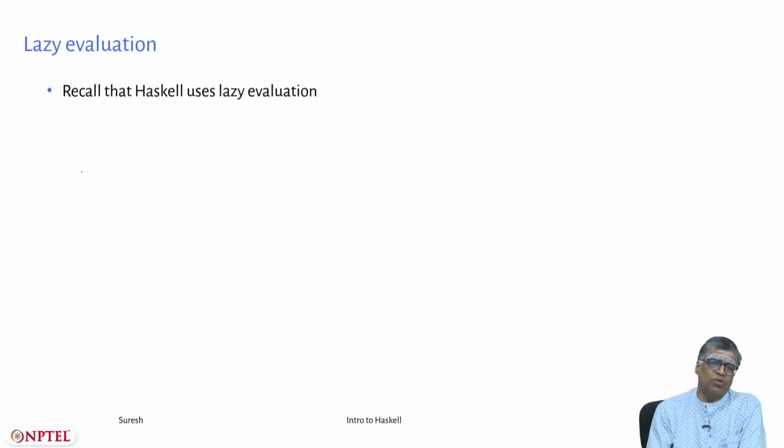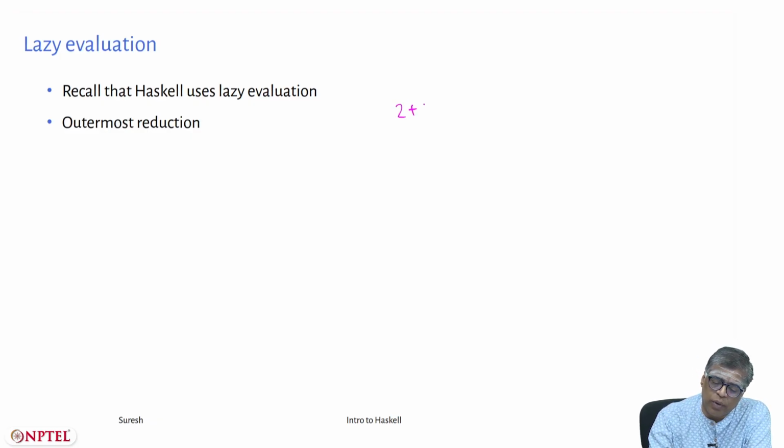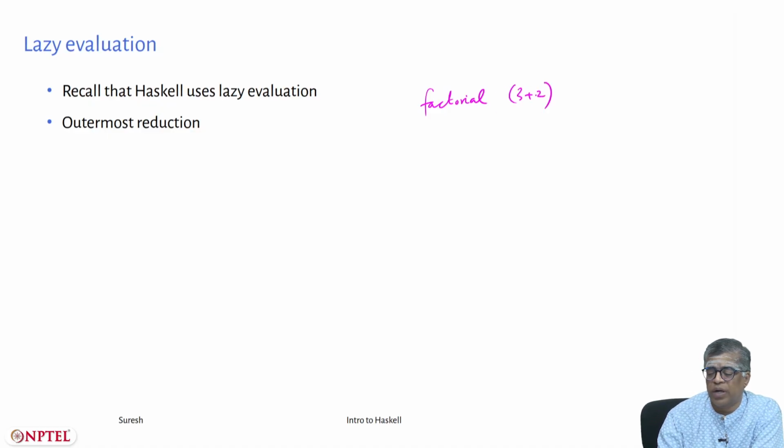So recall that Haskell uses lazy evaluation, which means that you do outermost reduction. If I have factorial of 3 plus 2, rather than actually reducing 3 plus 2 to 5, what Haskell would do would be to say this is equal to 3 plus.